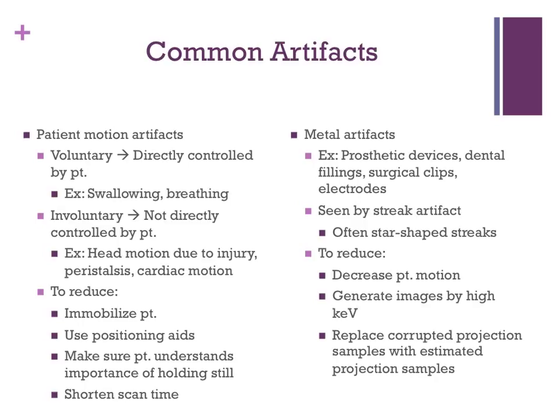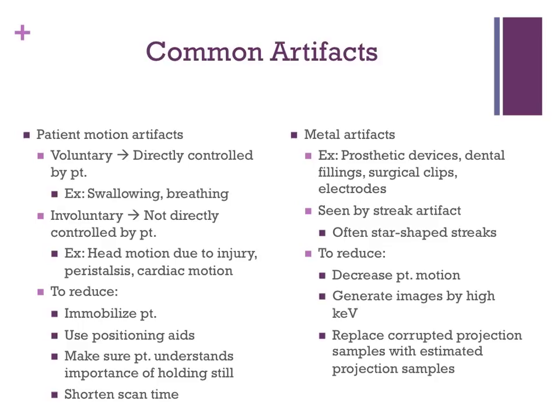Metal artifacts include prosthetic devices, dental fillings, surgical clips, and electrodes that are seen as streak artifacts on the image. The loss of information is seen by star-shaped streaks. Patient motion is often a major factor in order to reduce the appearance of artifacts. The blooming artifact occurs when the stents or other small metal objects bleed through to the neighboring voxels and make the object larger than it really is.